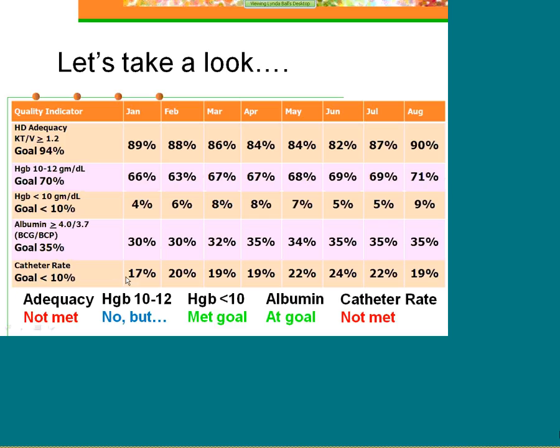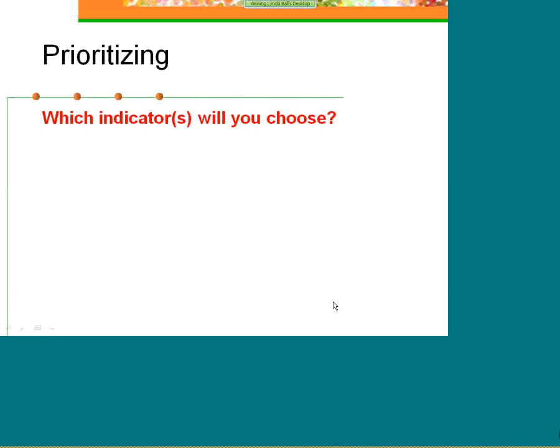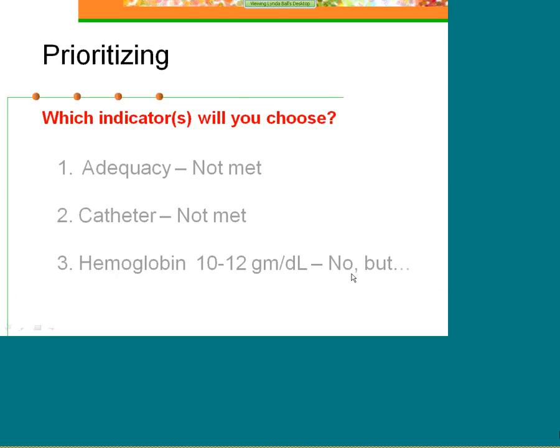How about this one here? Because we're not there yet for a long enough period of time. And a lot of times this one, the catheter one, has implications for adequacy and for hemoglobin, doesn't it?